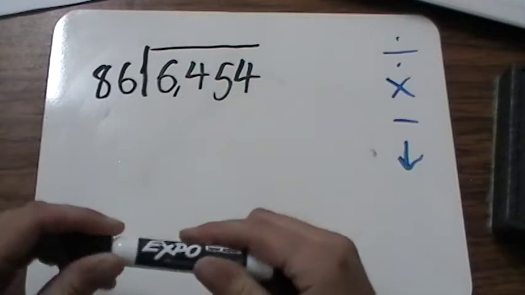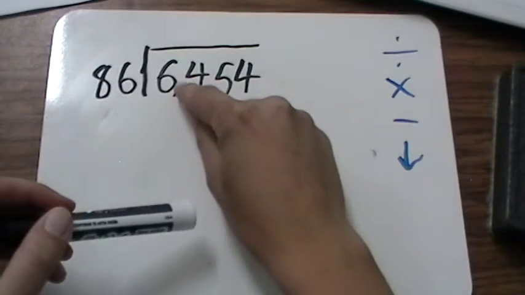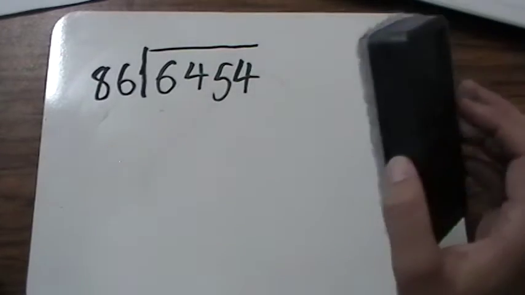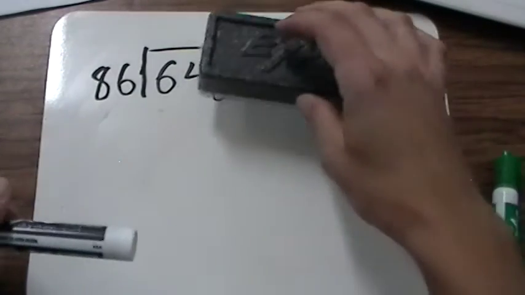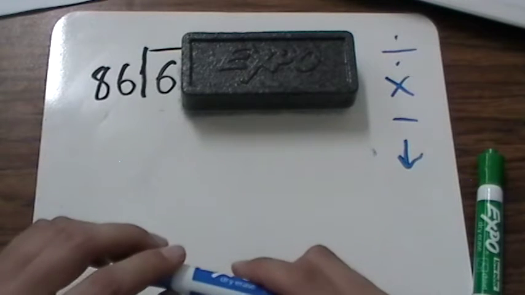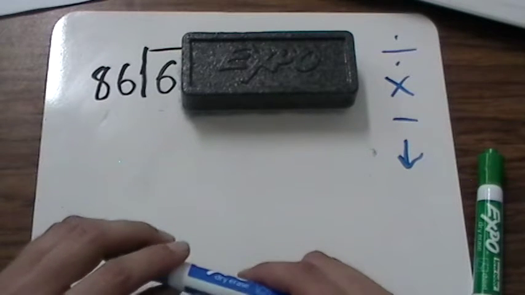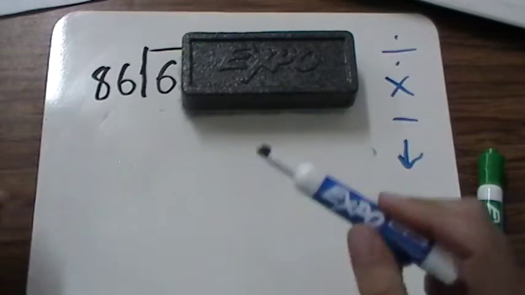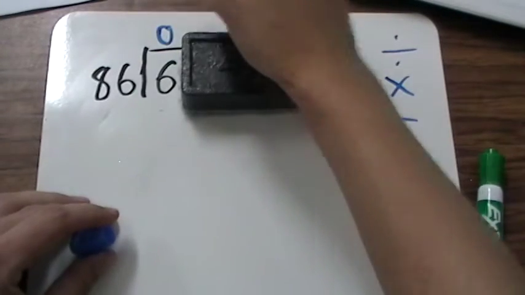Okay? First thing I'm going to do is get rid of that comma so it doesn't confuse me. Now I'm going to cover up all but the first number. Can 86 fit inside of 6? No, it's too big. 0.